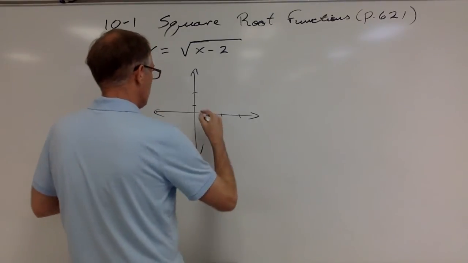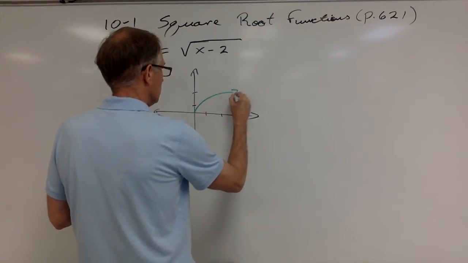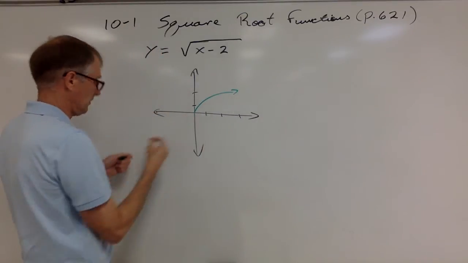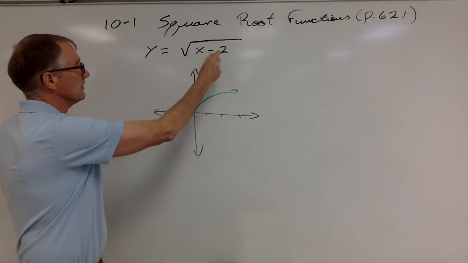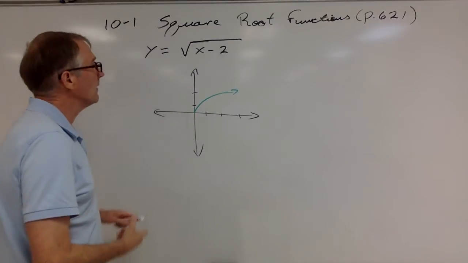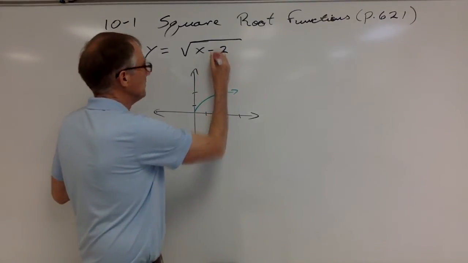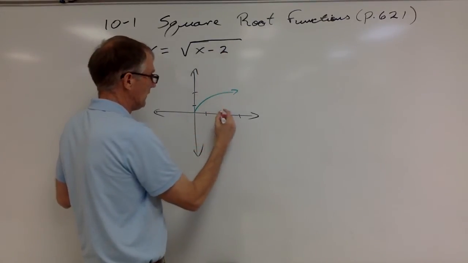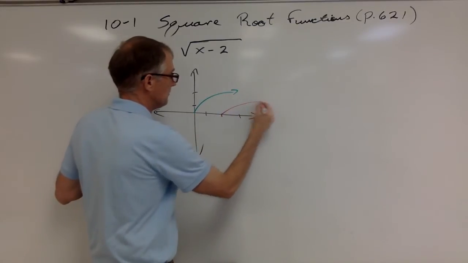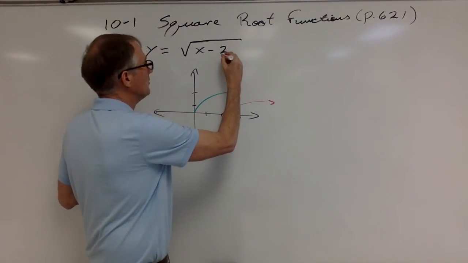Let me draw the parent function. This is the parent function. This gets shifted. Now be careful here, that gets shifted to the right. When that's a negative sign, it's very counterintuitive. It shifts that way.